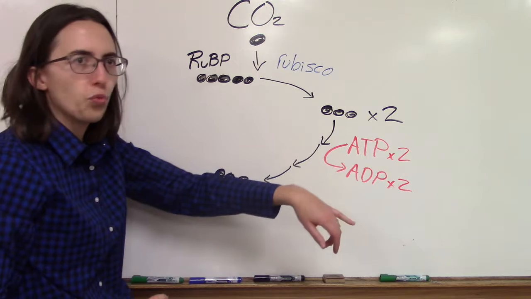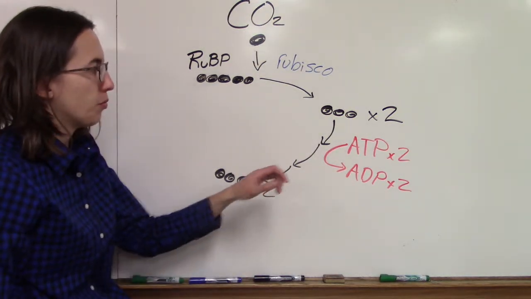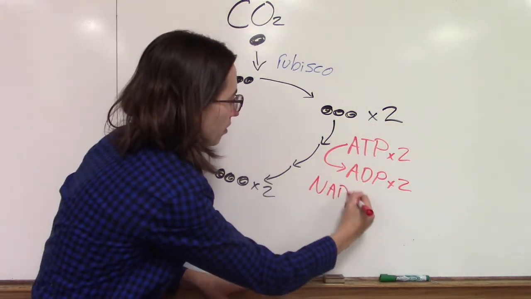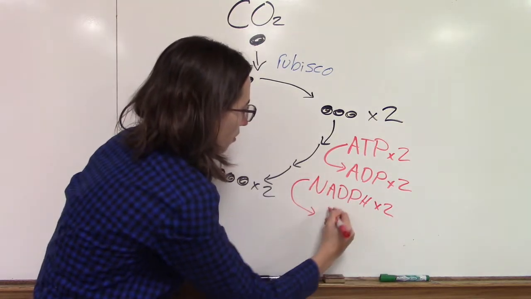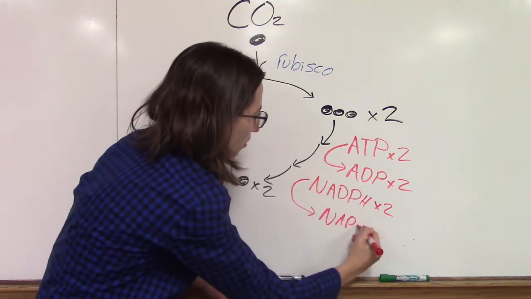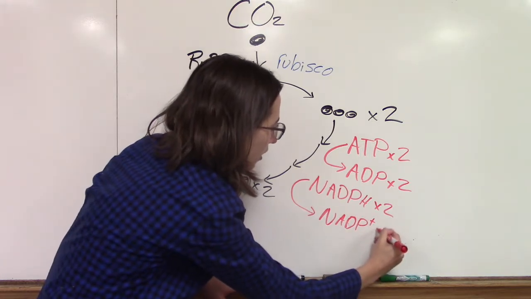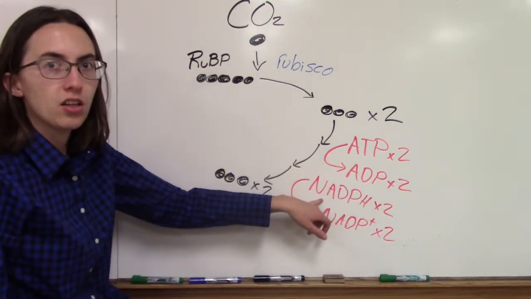So you add 1 ATP per sugar, and we also add NADPH along this stage.